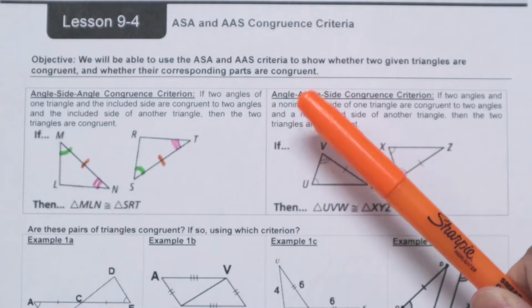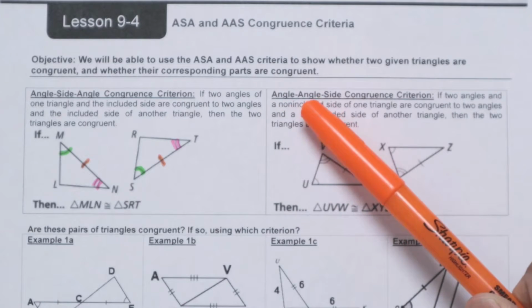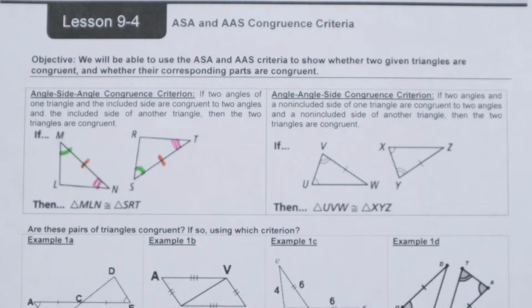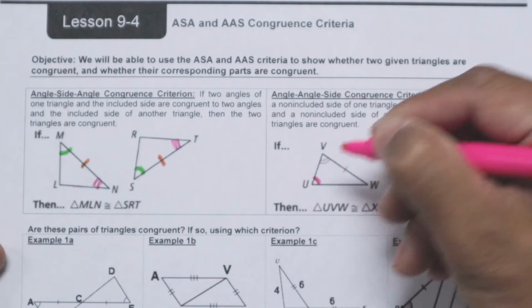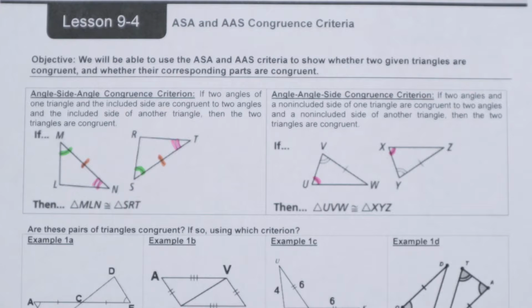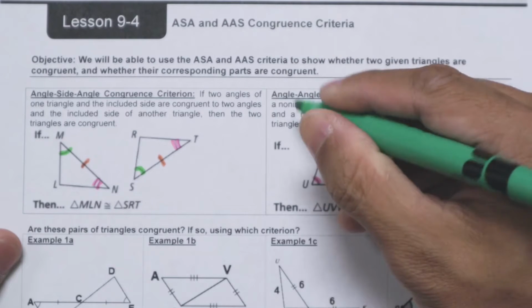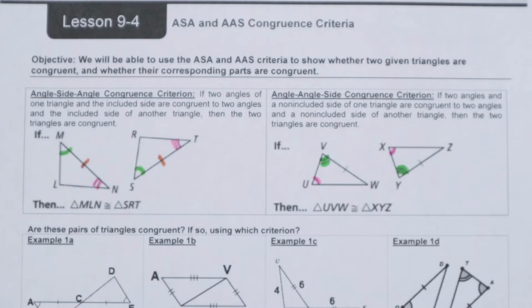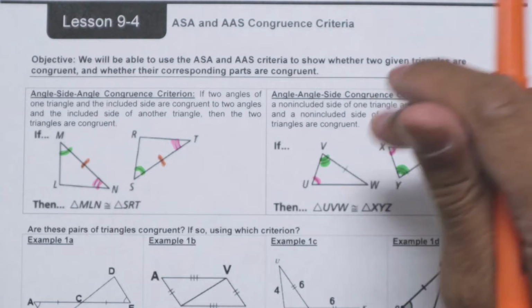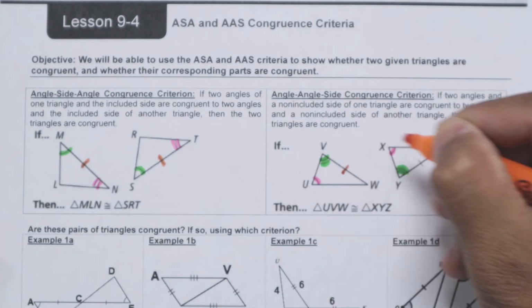Well, similarly, there's something also called the angle angle side congruence criterion. So this time, if you have 1 pair of angles, let's highlight them in pink, having the same degree measures, and then if you have another pair of angles being congruent, in other words, having the same degree measure, and then you have 1 pair of sides that is not in between the 2 angles.